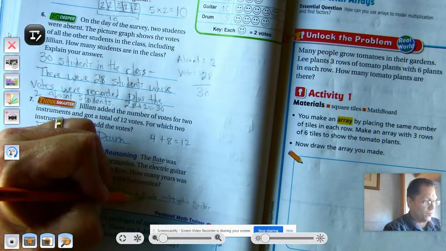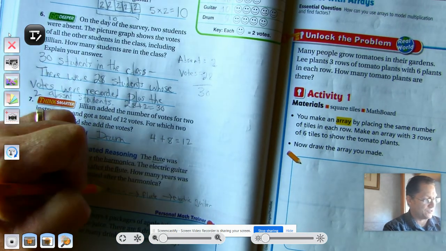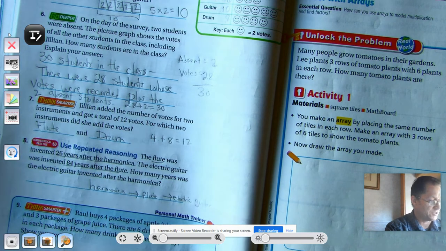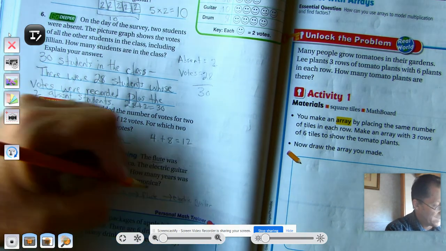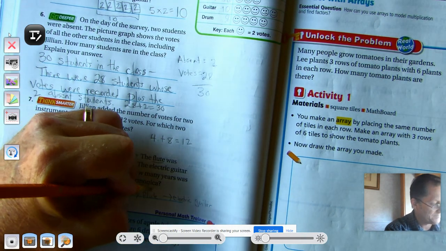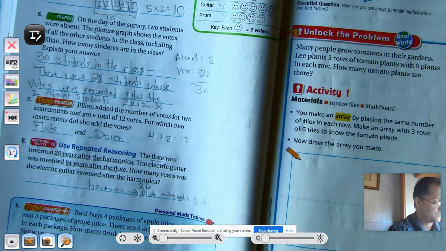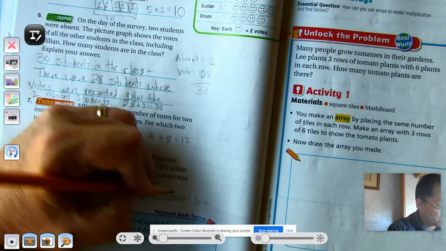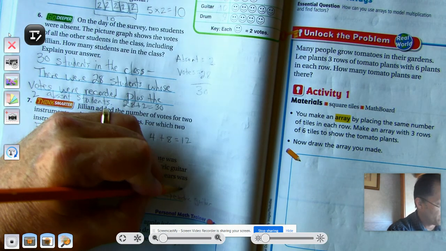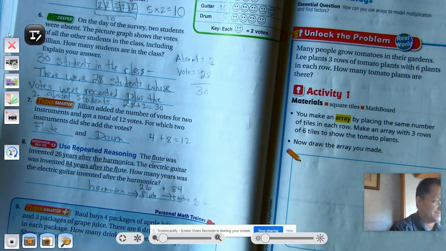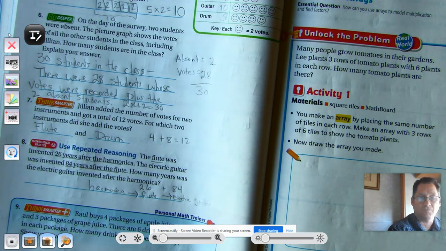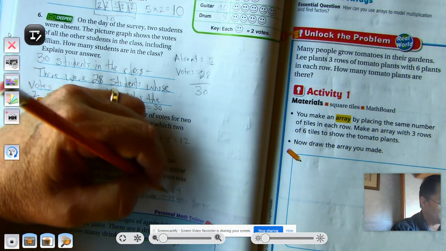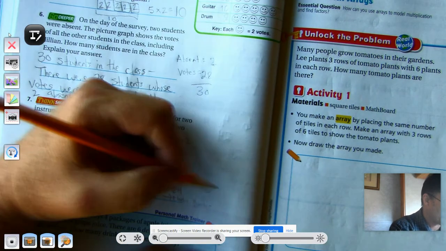We need to know how many years after the harmonica was the electric guitar. So we have 26 years. The flute was invented after the harmonica. And then there was another 84 years that went by before the electric guitar was invented.